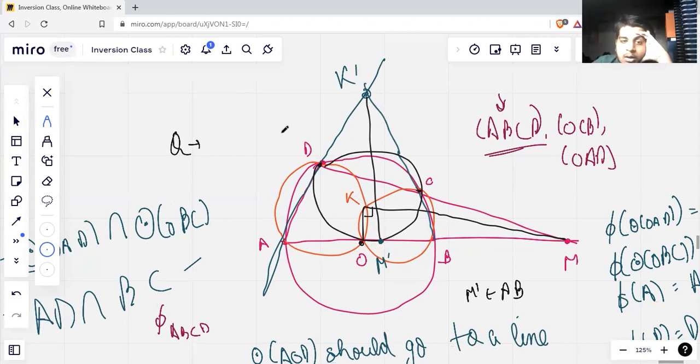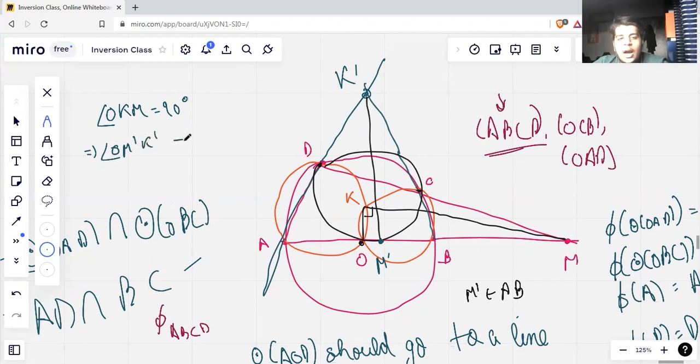Now the original question asks us to prove angle OKM is 90 degrees. This is equivalent to proving angle OM dash K dash is 90. I told you to keep this very intuitive, right? And it helped us. So we need to prove this angle is 90. How are we going to do this? Notice this black circle. I'll change the color of the circle to something else.